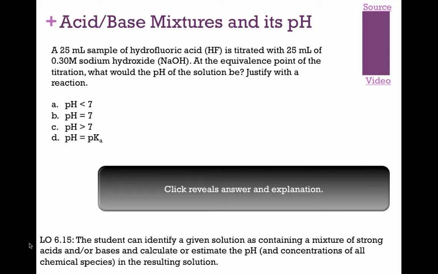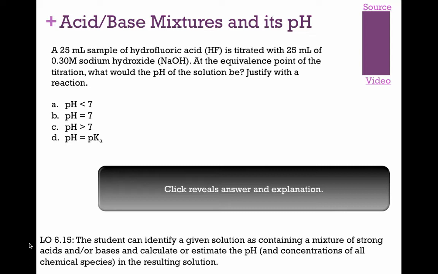But when we have F minus in water, because that's what we have right now, what is F minus going to act as? Conjugate base. So what's it going to do with the water? It takes H from water, forming HF and OH minus. That's why F minus is a base.